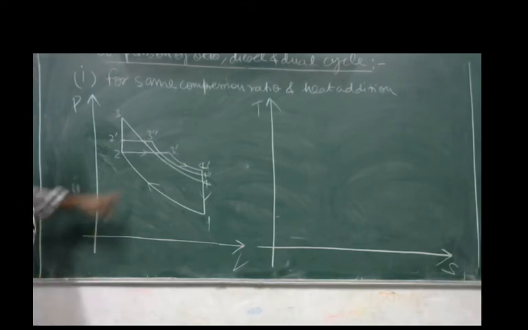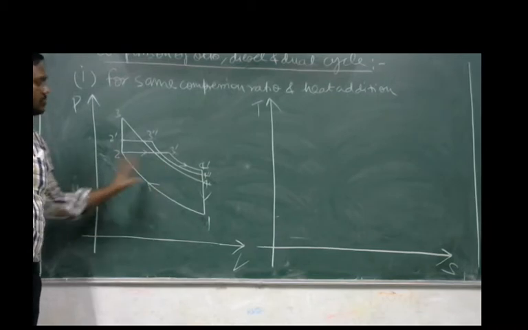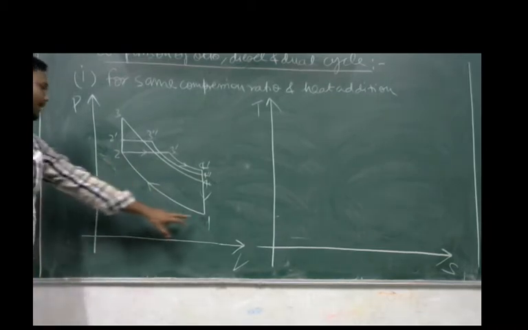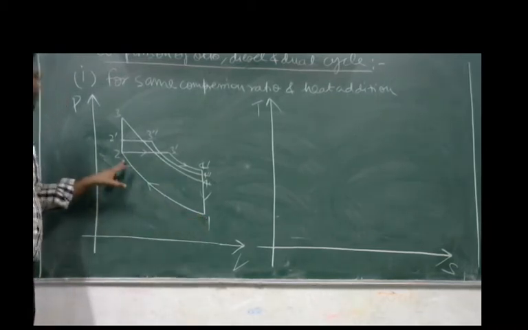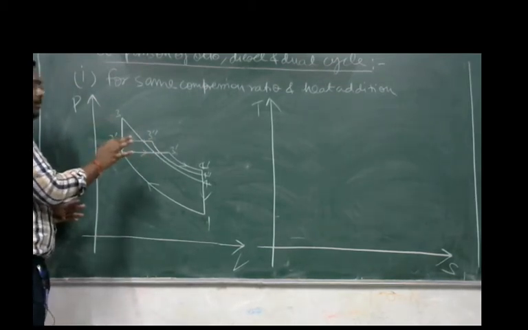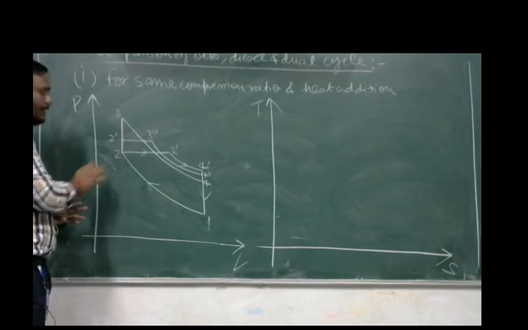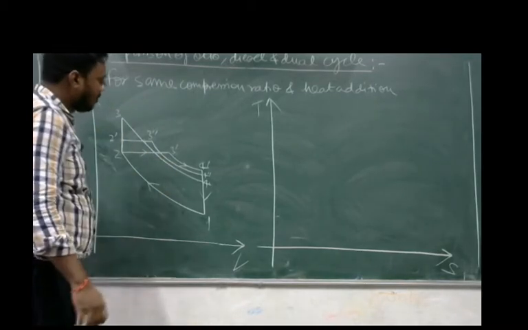So this is 1, 2, 2 dash, 3 double dash, 4 double dash. It is the dual cycle. Again for the dual cycle, the compression ratio is same, 1 to 2, and the heat addition 2, 2 dash, 3 double dash is also the same as the heat addition from 2 to 3 for Otto cycle and 2 to 3 dash for diesel cycle.